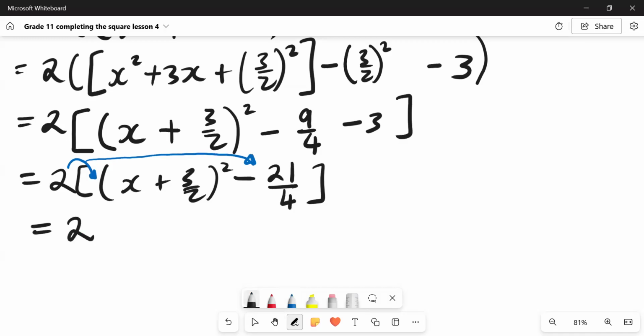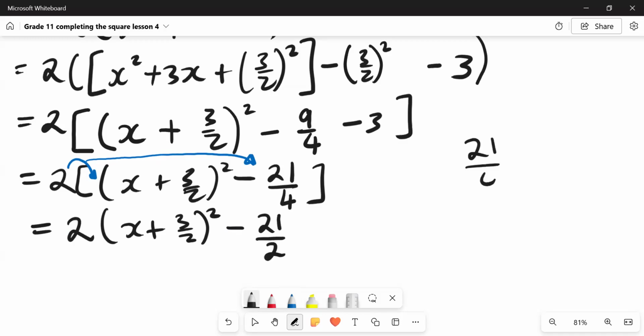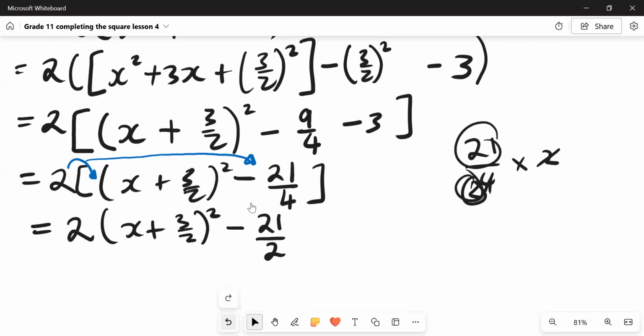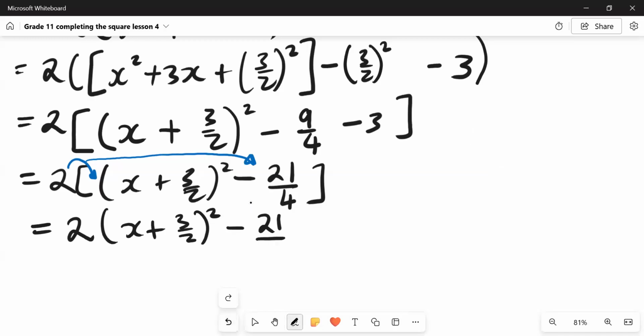So you'll have your 2 and then open bracket x plus 3 over 2 squared there minus, this will give us 21 over 2. Now, obviously, you are multiplying 21 over 4 by 2, right? 2 and 2 here will cancel, you'll be left with 2. Hence, this is 21 over 2. But don't forget the negative sign there. And then we're done, just like that.